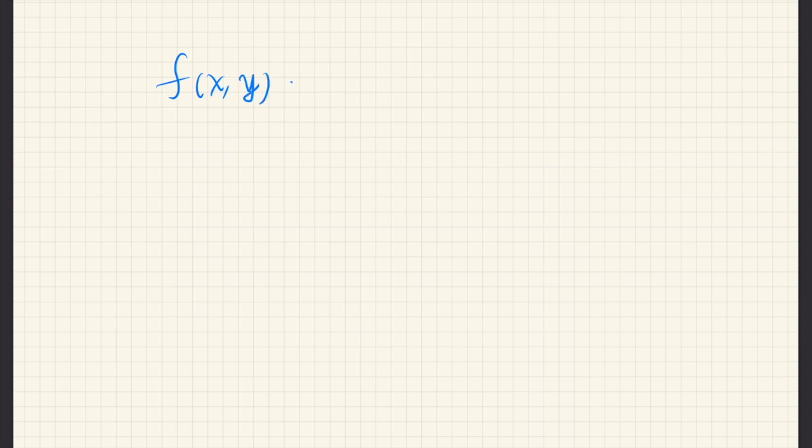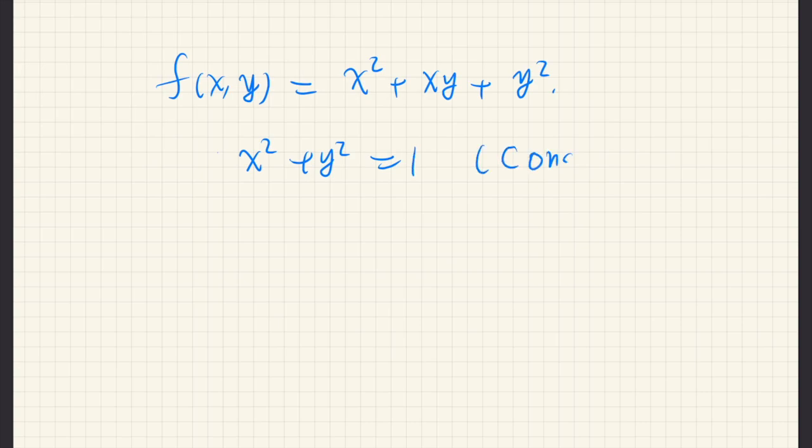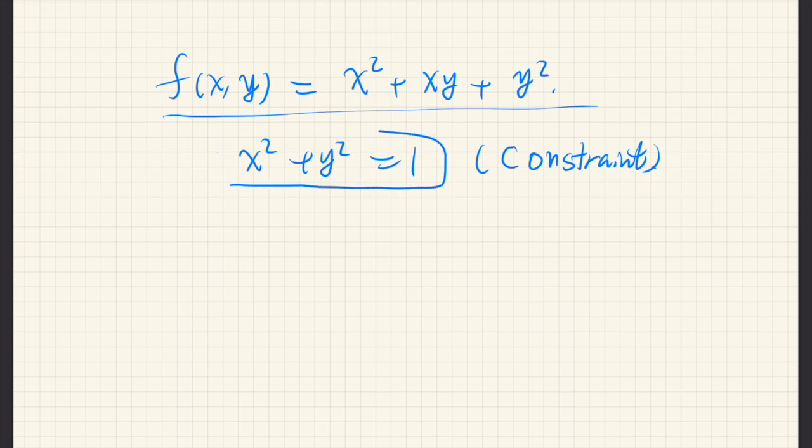finding extreme values of this function x squared plus xy plus y squared with the constraint x squared plus y squared is equal to 1. So this is the constraint here. So that means we want to maximize or minimize this function where x and y move on the unit circle centered at the origin.